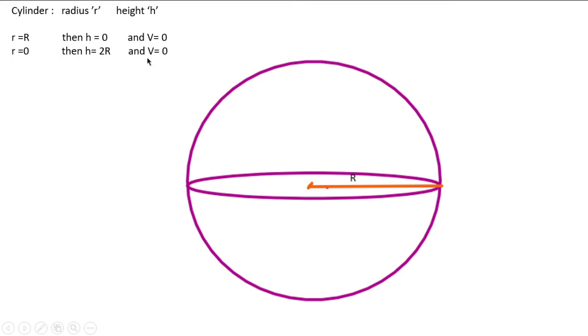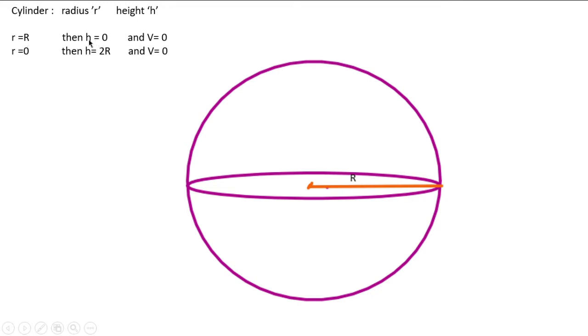Okay, so these are the two conditions. We can keep them out of the domain, because for sure these cannot be the inputs where the volumes are maximum, meaning they are debarred from the category. So now one important piece of information we are getting from here is that when r equals R, then h equals 0.